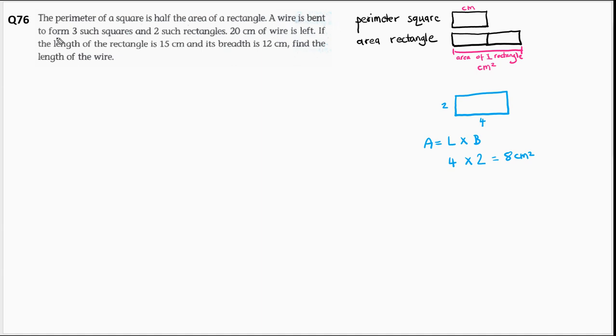A wire is bent to form 3 such squares, so 3 squares like the one described here, and 2 such rectangles, 2 rectangles like the one described here. And 20 centimeters of wire is left. Okay, well, we could draw a bar for the wire. So this is the bar for the wire.